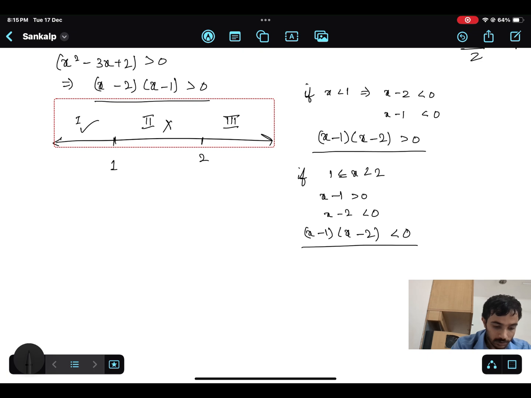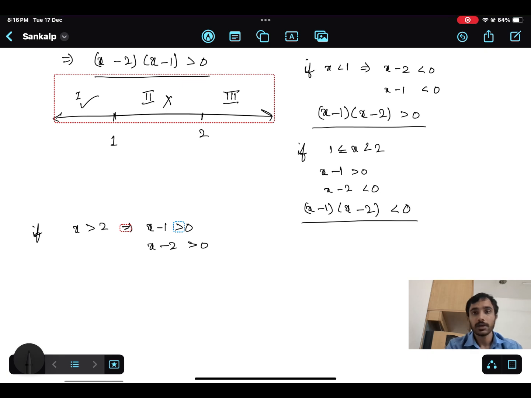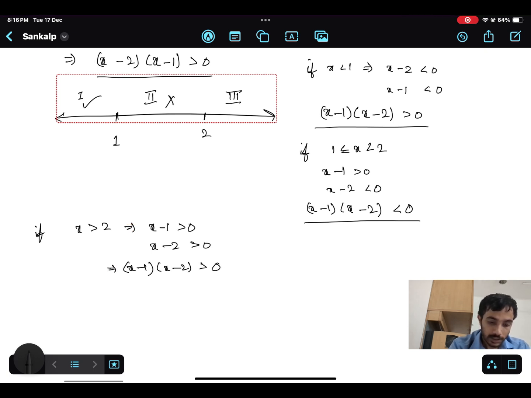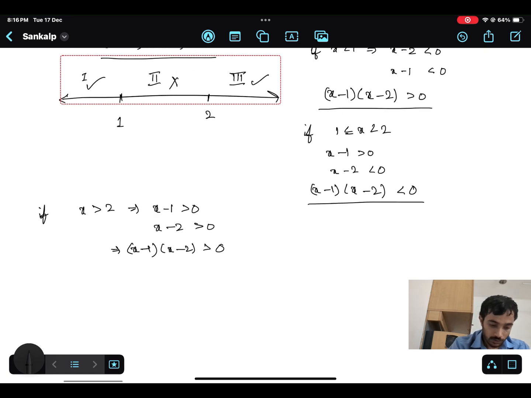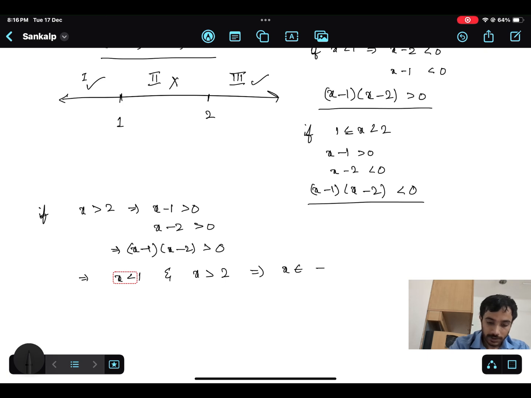Similarly, for region 3, where x is greater than 2, x minus 1 will be greater than 0 and x minus 2 will also be greater than 0. And if we multiply x minus 1 and x minus 2, the product will also be greater than 0. So we can say that x lies in region 3 as well. So overall we can say that x is less than 1, which is region 1, and x is greater than 2, which implies x belongs to minus infinity to 1 and 2 to infinity. That's all.